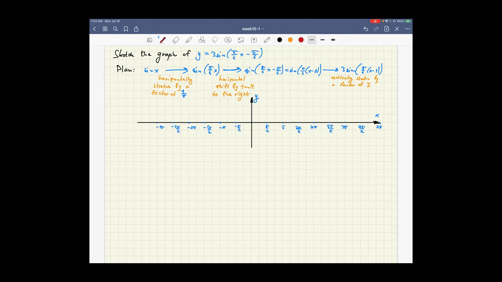So the graph will look the following way.